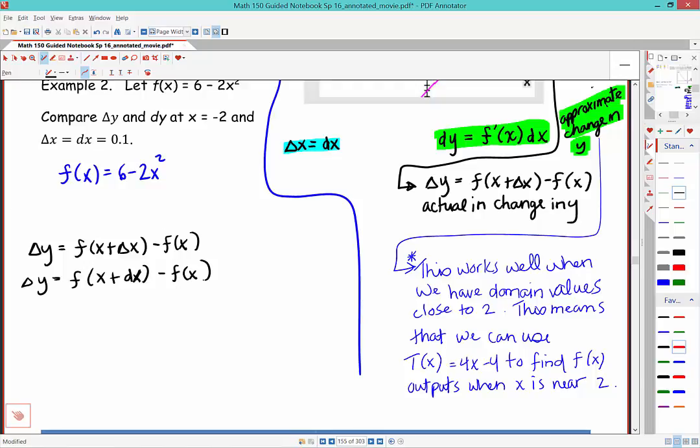So delta y, plugging that in, is going to be equal to f at -2 plus 0.1 minus f at -2. So delta y will equal f at -1.9 minus f at -2.